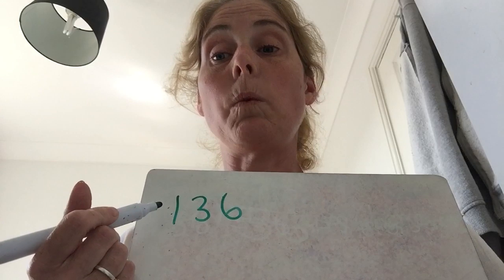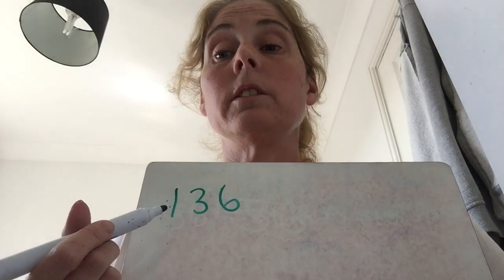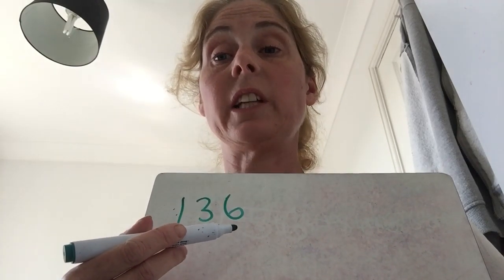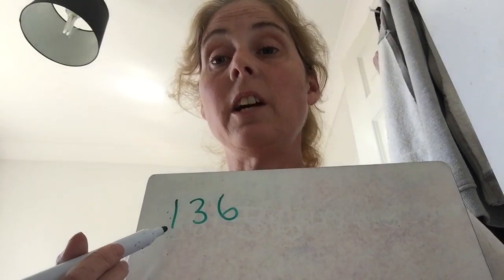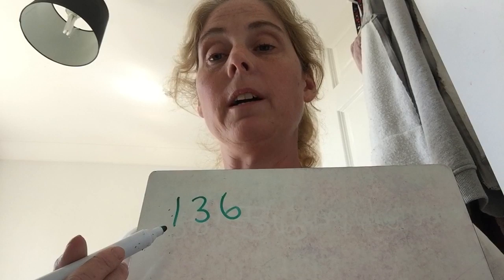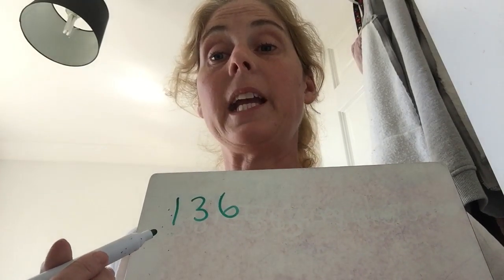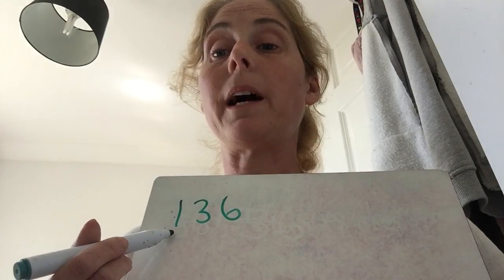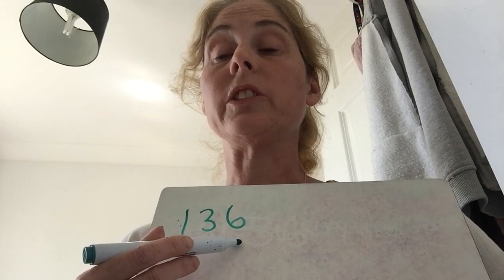Tell the adult that you're with, what does the number say? 136, a 3-digit number because it has 3 numbers in it. Okay, so that is why it's called a 3-digit number. If I wanted to say how many of something this number had, I would have to start talking about hundreds as well as tens and ones.